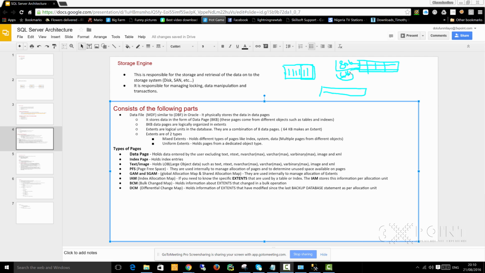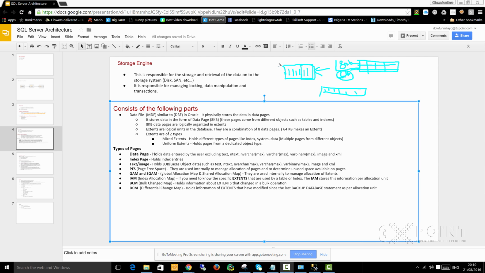This one that has 64 MB, the moment part of its pages comes into this extent, it won't fill up everything. So what happens is the remaining will now be flushed into another page.